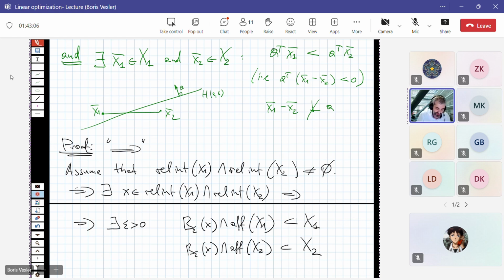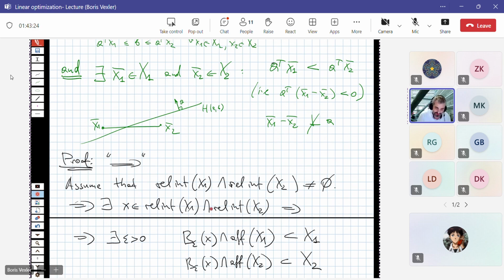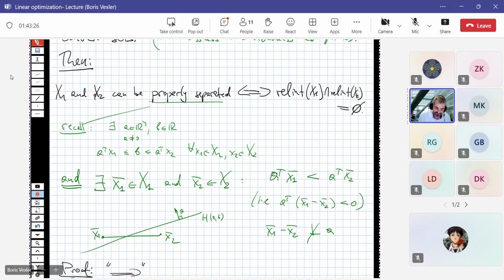Okay, actually you would get here different epsilons, but you can take the smaller one and then you get just one epsilon. Okay, do you agree? Yes.